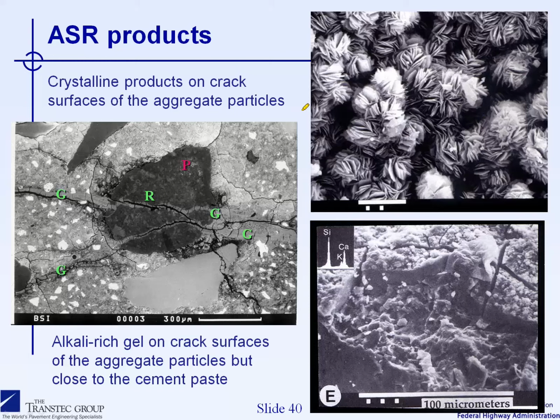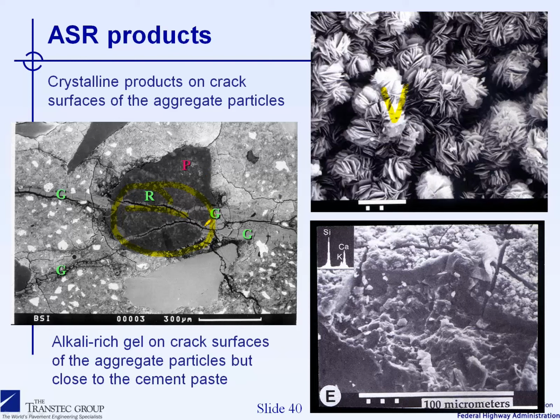Here you can see some micrographs that were taken under the scanning electron microscope. The alkali silica reaction product that you can find on the cracked surface of the aggregate particle will most of the time correspond to crystalline product of ASR.